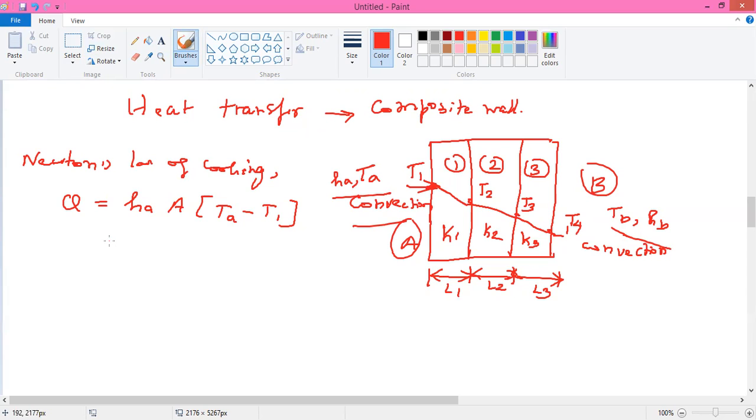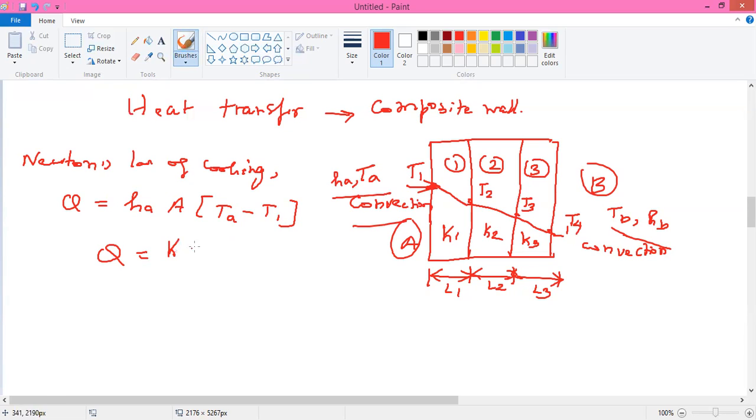Next, heat transfer by conduction. Between elements 1 and 2, the heat transfer is conduction, while from side A to the first element it is convection. So the conduction between 1 and 2 is based on Fourier's law, which we already know from the plane wall.